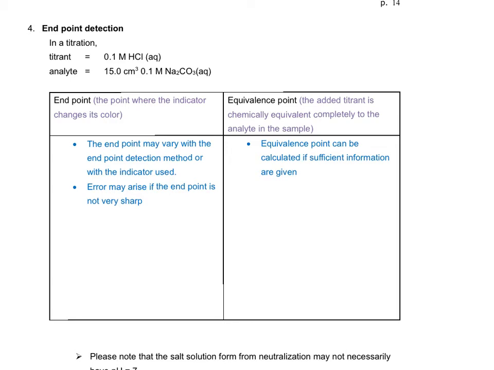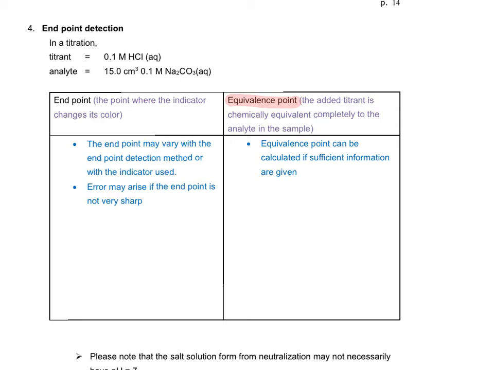Adding indicator is one of the methods to determine the endpoint of titration. Errors may arise if we do not choose the correct indicator. Equivalence point is a stage at which the reactants have just completely reacted.